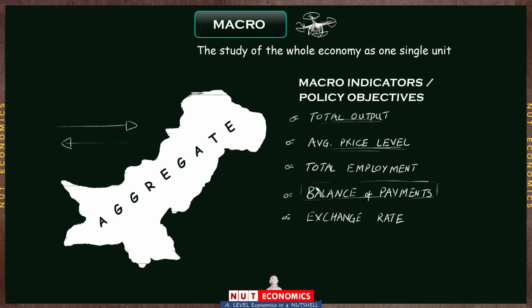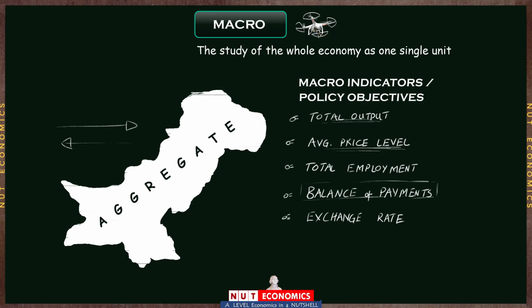That is, you try to correct one of these macro objectives, these macro indicators, and some other macro variable starts moving in the wrong direction. You try to control inflation, you slow down the economic growth of output. You try to increase the output of the economy, your exchange rate may start depreciating. So there are always these conflicts between these different objectives, and that is what makes it interesting.